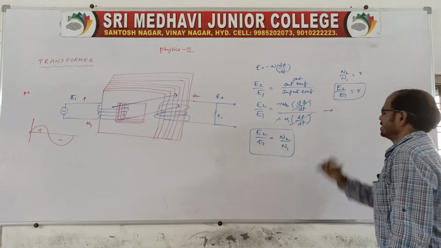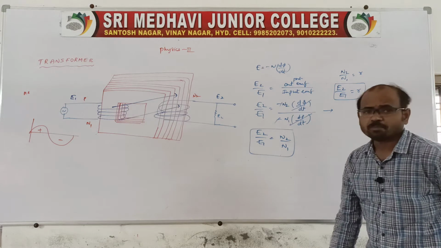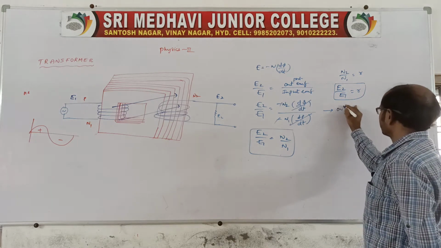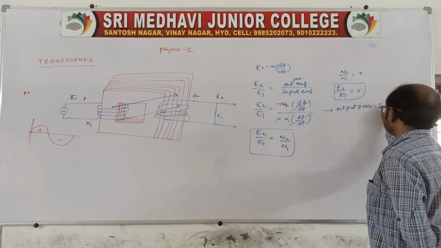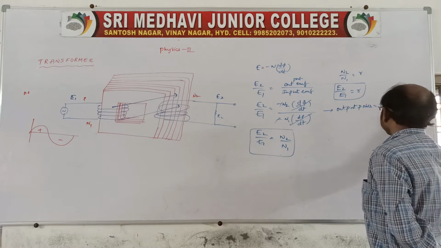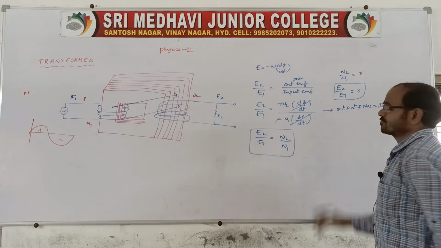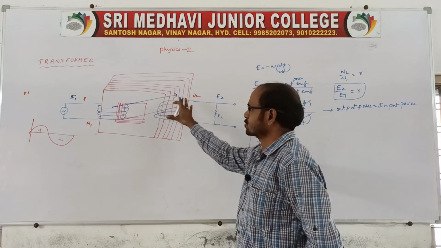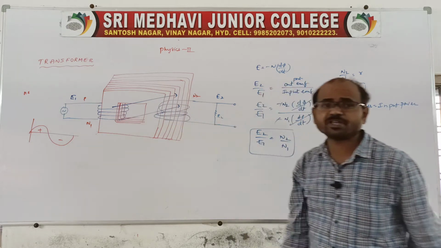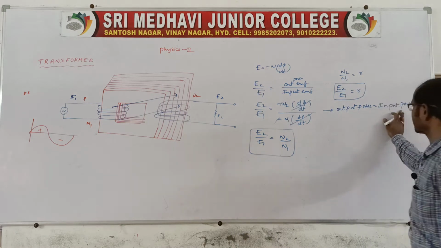In the same way, now we need to find the power also. Output power is equal to input power, because there is no change in frequency, no? Whatever input power is given, the same power is converted. That's why we say output power is equal to input power.